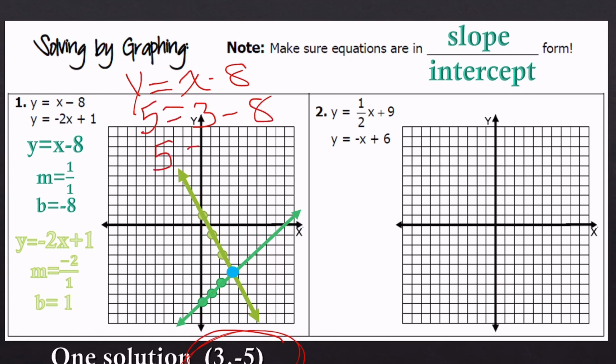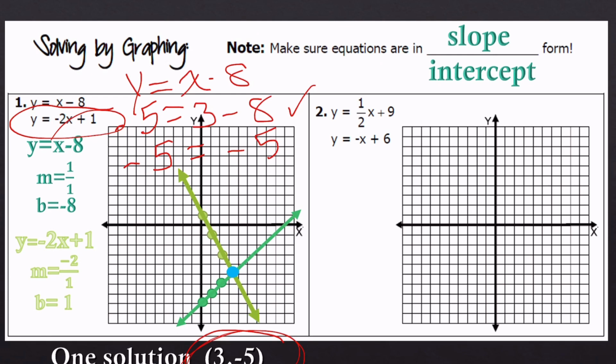If I get -5 equals -5, it worked. But you also have to plug it in here to see that that works, and so you know it does. That's how we can check if our solution is correct. Okay? So let's go look at my next one.